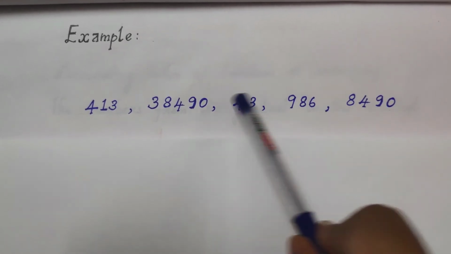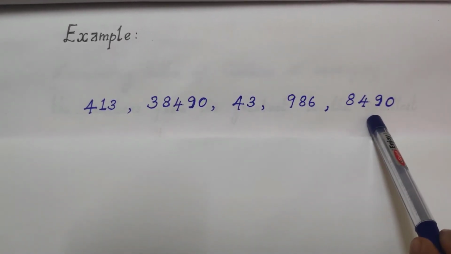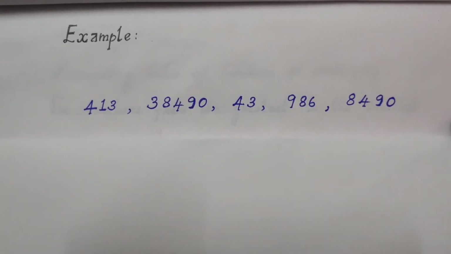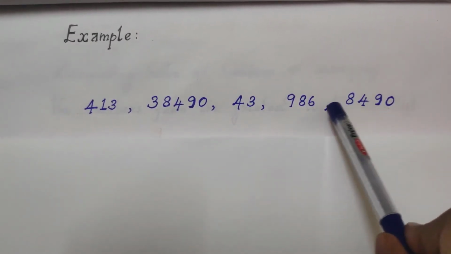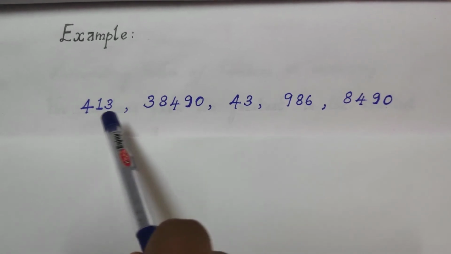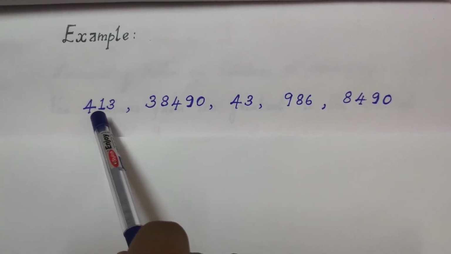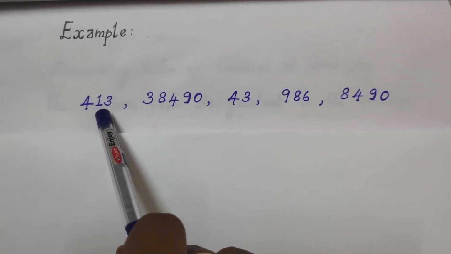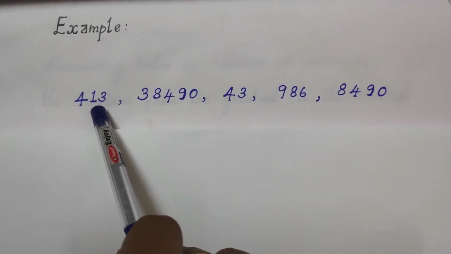So, to arrange the numbers in ascending order, at first we must count the number of digits in each number. So, let's count the number of digits. The number 413 has 3 digits.